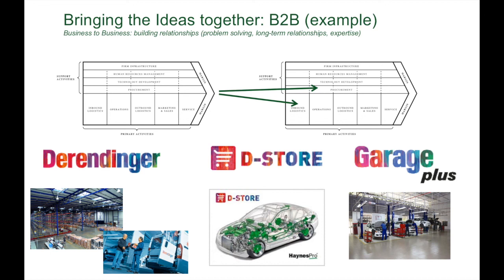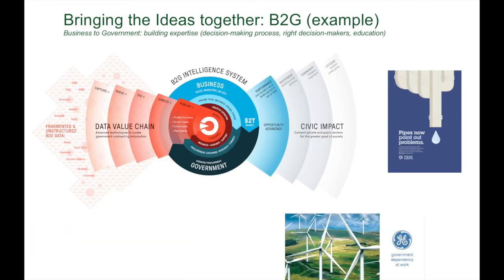And the additional services are really tailored to giving the best possible service to the owner of the car. So it's not necessarily making the life of the repair shop easier, it's actually making the life of the car owner easier. Of course, to a certain extent that's the same thing. But nevertheless, Derendinger really thought about the customer of the customer instead of the customer only.